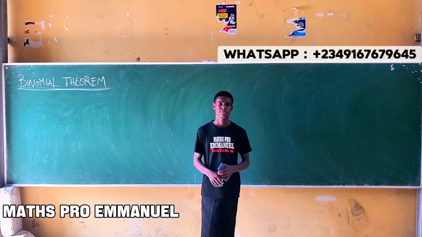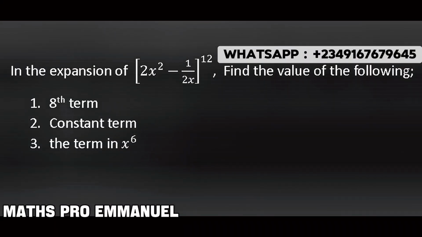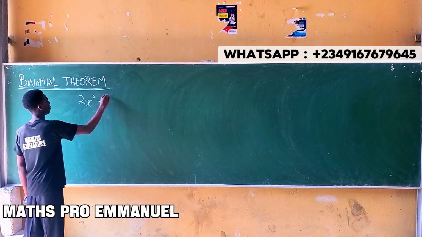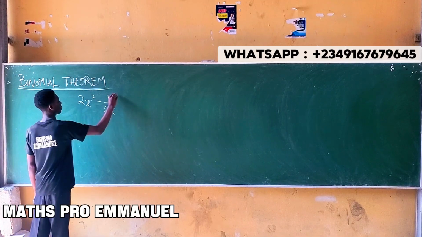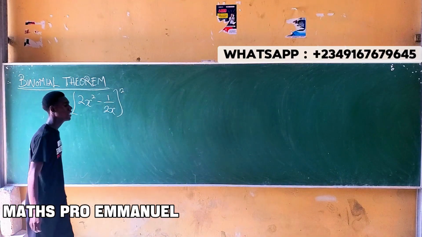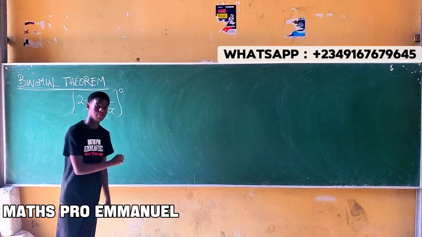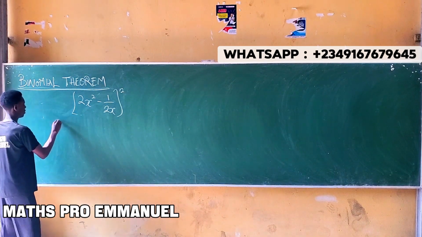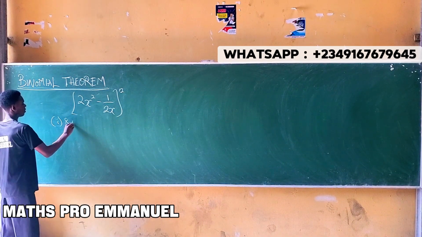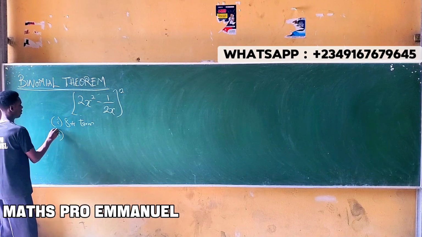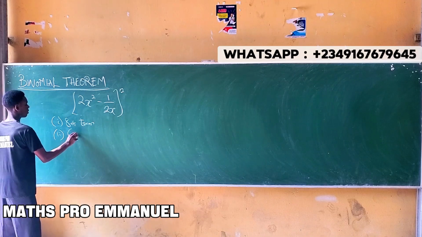So here's the problem. We are asked to expand (2x squared minus 1 all over 2x) all raised to the power of 12. For part I, we should find the 8th term. For part II, we are asked to find the constant term.